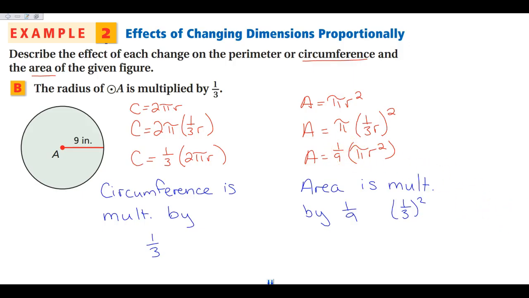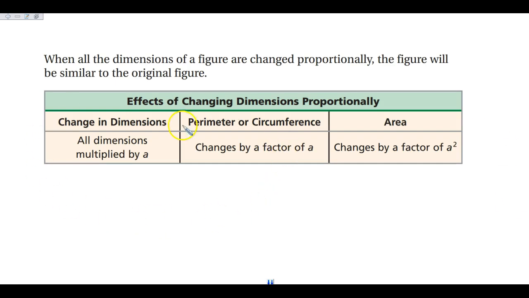Okay, so that is going to lead us to this information. If all of our dimensions are multiplied by some number, the perimeter or circumference will be changed by a factor of that same number. The area is changed by that factor squared. But again, keep in mind that this must be all the dimensions. A circle only has one dimension, the radius.